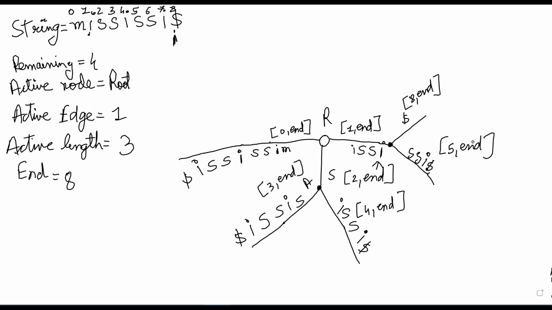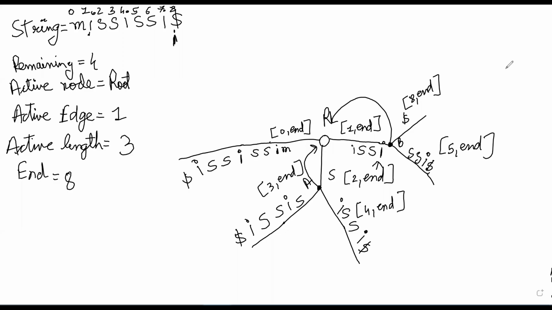I forgot to mention that every time we make a new leaf node, we're going to point its suffix link to the root node. Now as we have made a new leaf node, we are going to decrement our active length pointer and increment our active edge pointer by 1.